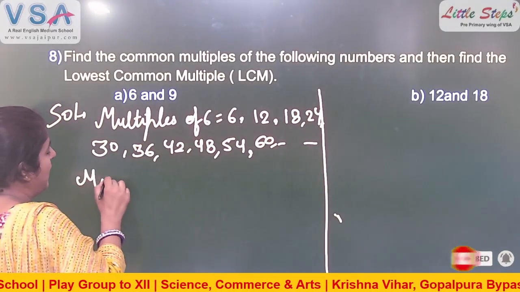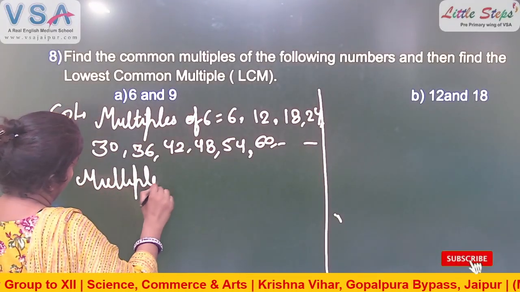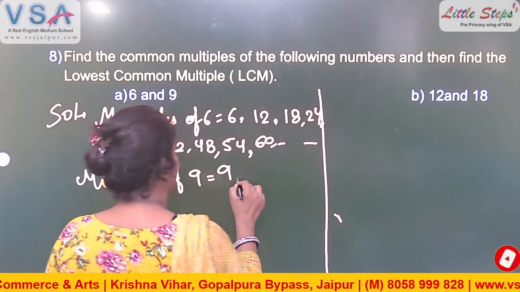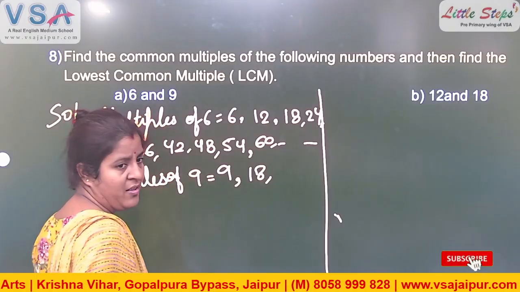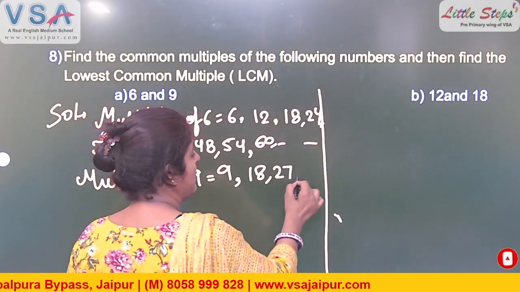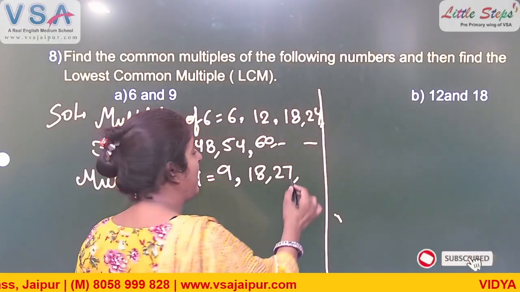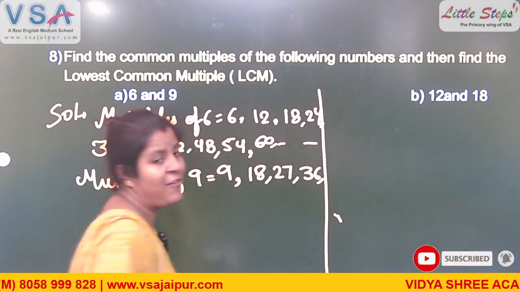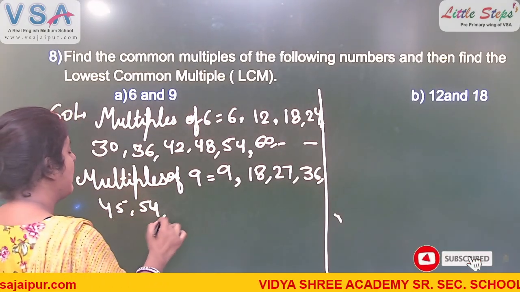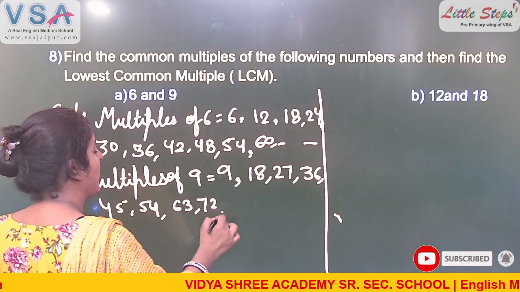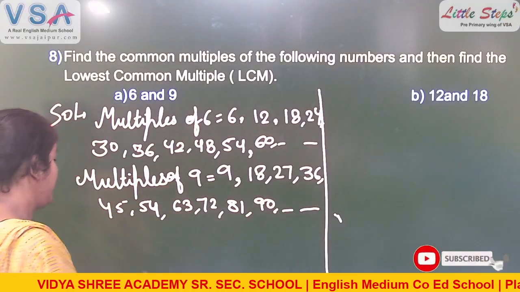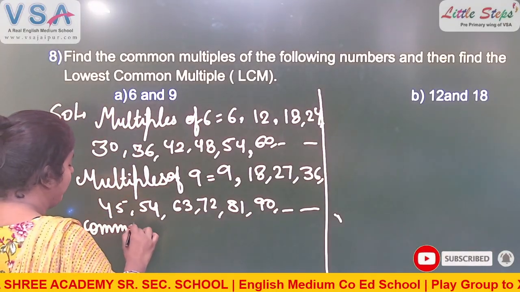And after that, multiples of 9. 9 ones are 9, 9 twos are 18, 9 threes are 27, 9 fours, 9 fives, 9 sixes, 9 sevens, 9 eights, 9 nines, and 9 tens. And after that, find a common multiple.